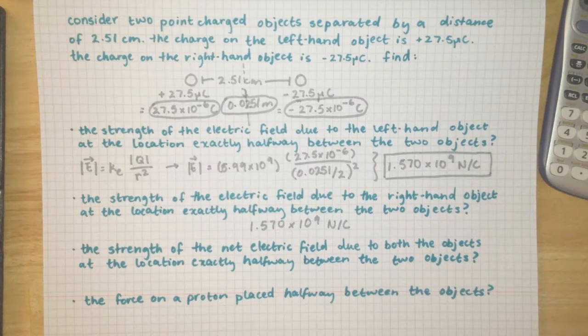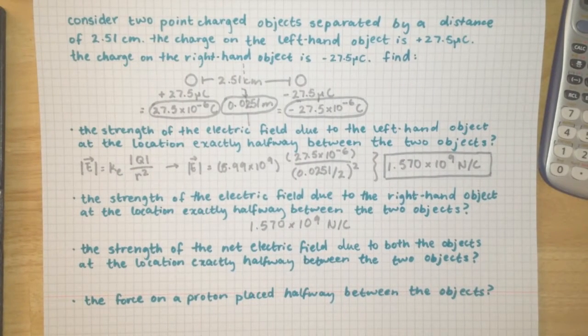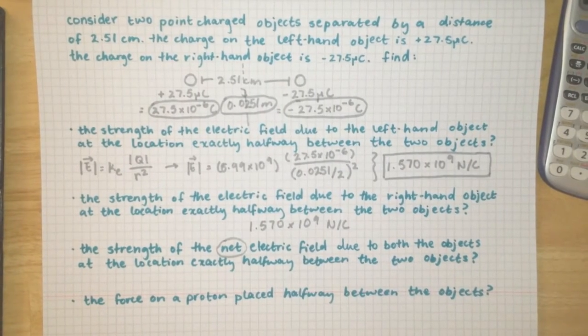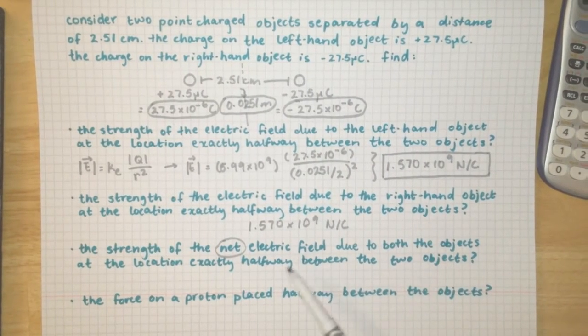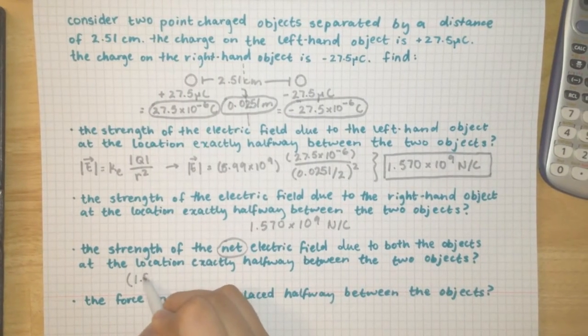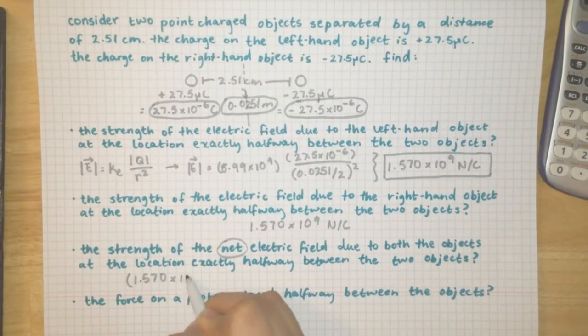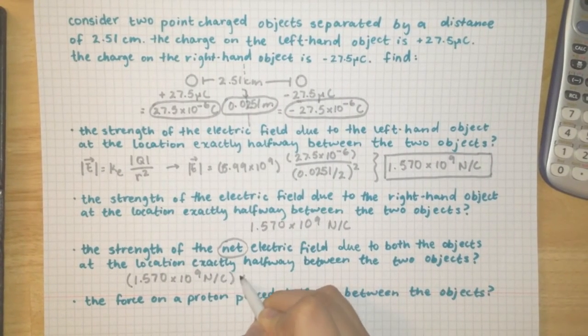So the next question is, find the strength of the net electric field due to both the objects at the location exactly halfway between the two objects. So this word net, it just means add the two. You can add these two or just multiply by 2. So 1.570 times 10 to the ninth newtons per coulomb, and then just multiply that by 2.